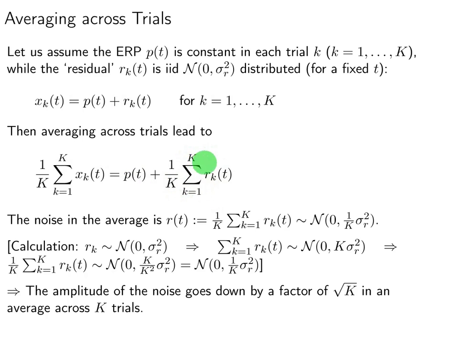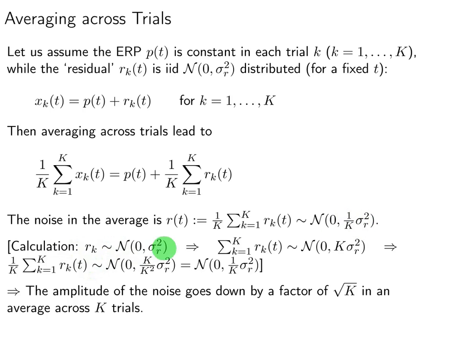So the noise in the average will be minimized. In other words, if you average K trials, the 1 over K factor will minimize the variance of the noise. While the mean is 0, the variance will be multiplied by 1 over K, which in turn will minimize it.